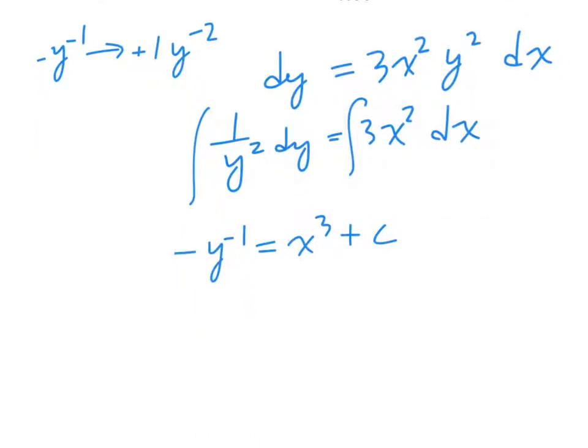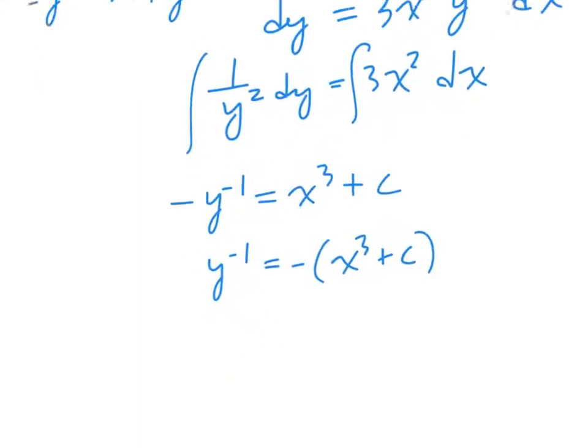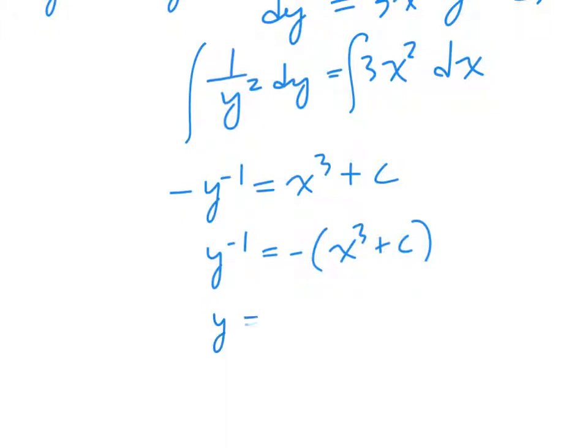If you wanted to change it into a proper form of y equals, first move the negative, and then you're going to just flip it. Y to the negative 1 just means 1 over y. So if you want to flip the whole thing, you flip the entire thing. Okay, so that is the solution.